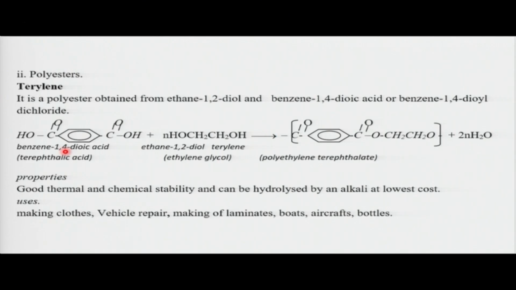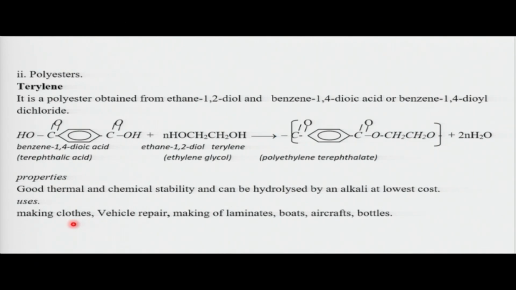Then the other one is ethylene glycol, which is ethane 1,2-diol. So this one loses H and this one loses OH, and they form a polymer we call terylene. The properties of terylene, they are not as strong as those of Kevlar and Nomex. But terylene also finds application in the making of clothes, in vehicle repair, making of boats, aircraft, and making of what?